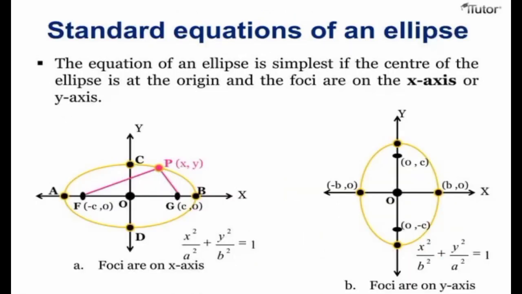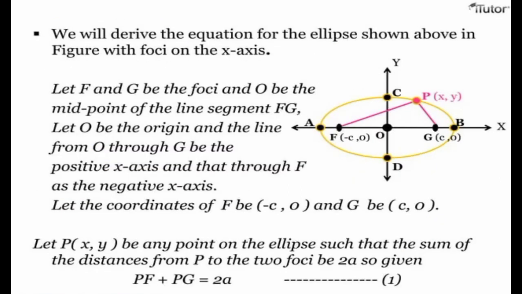The equation of an ellipse is simplest if the centre of the ellipse is at the origin and the foci are on the x-axis or y-axis. We will derive the equation for the ellipse shown above in the figure with foci on the x-axis. Let F and G be the foci and O be the midpoint of the line segment FG.